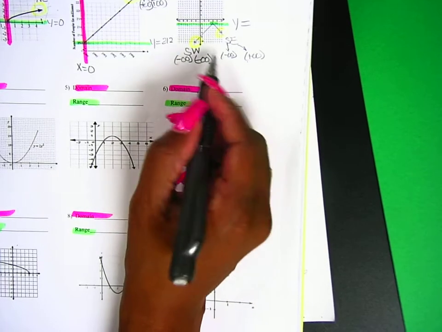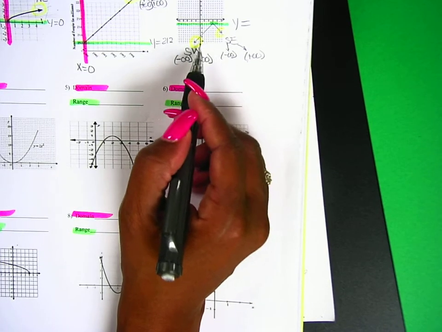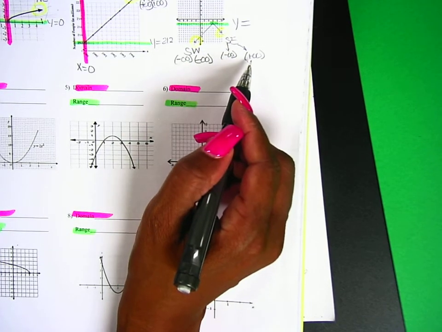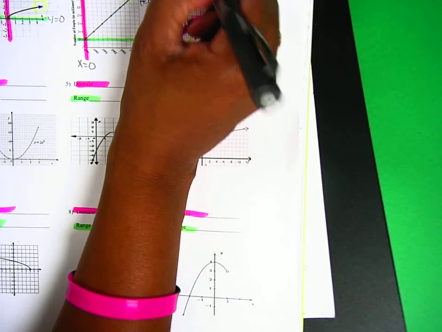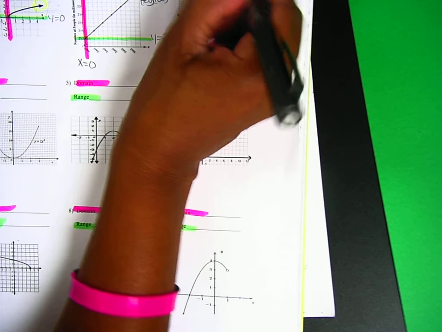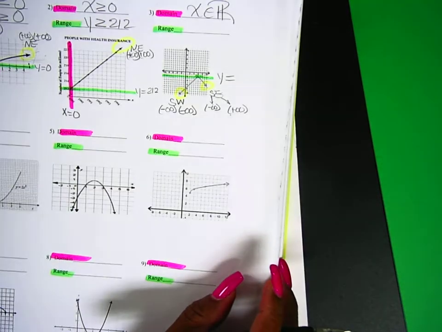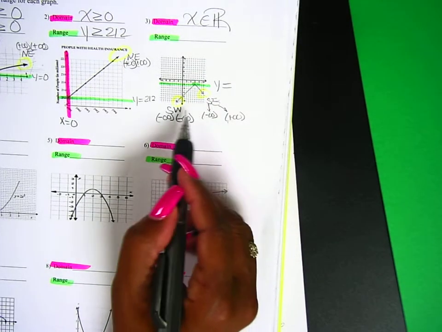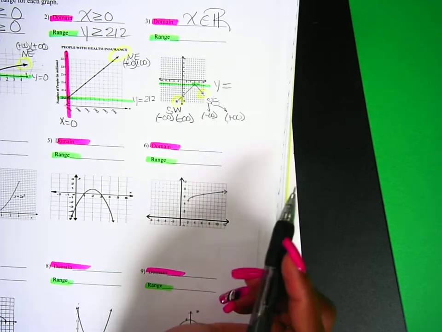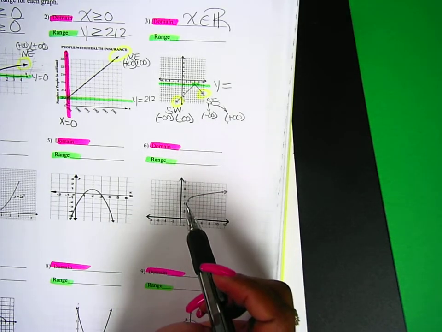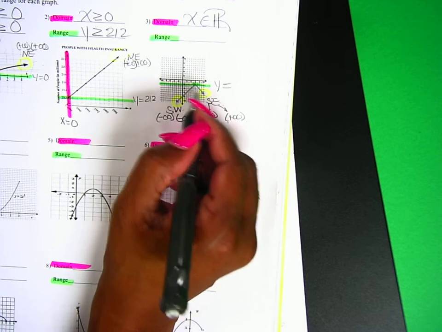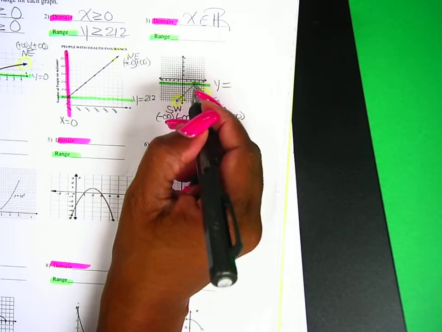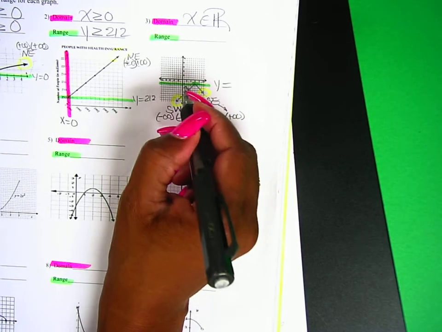So when you have both of these going to infinity, guess what this tells me about my x value? Because my west and east bounds are going to infinity, x is an element of all real numbers, since west and east are approaching negative infinity and positive infinity. Whereas for the range, there's a north bound, which is a number I'm not going to tell you.